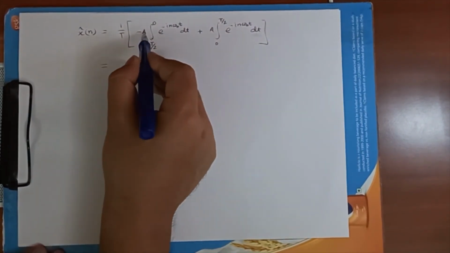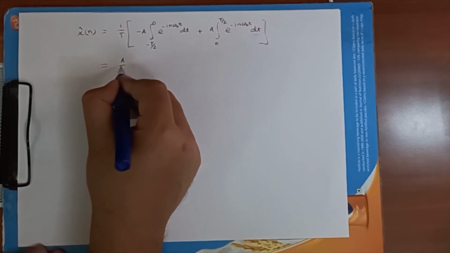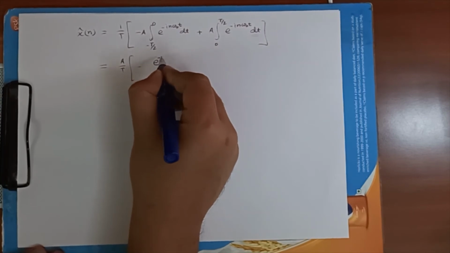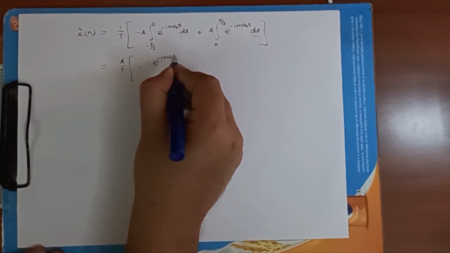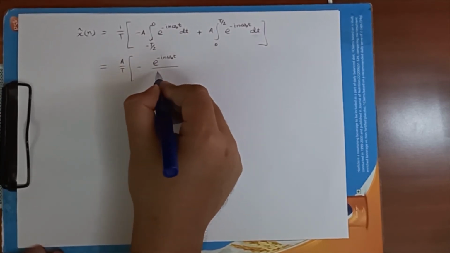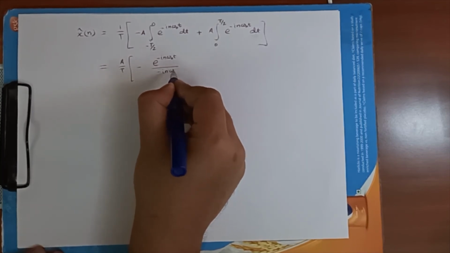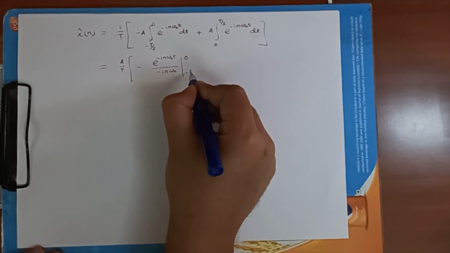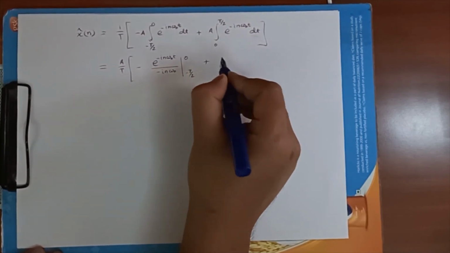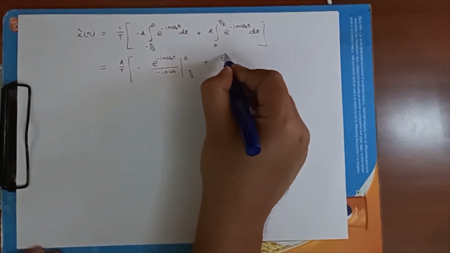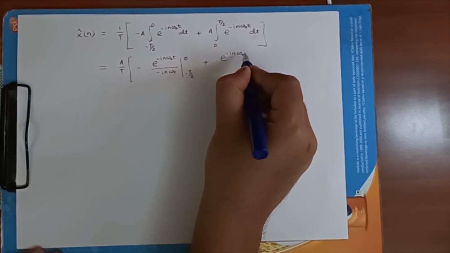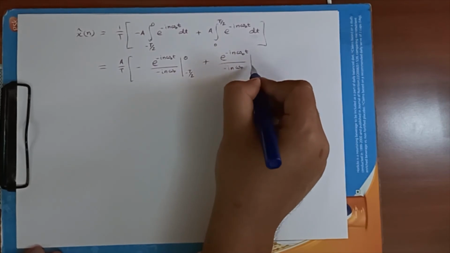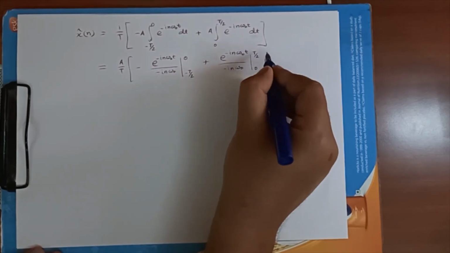Okay, so actually a I can take outside. So a by T, this will be minus e to the power minus i n omega 0 t divided by minus i n omega 0, and the limits are 0 and minus T by 2, plus e to the power minus i n omega 0 t divided by minus i n omega 0, and the limits are T by 2 and 0.